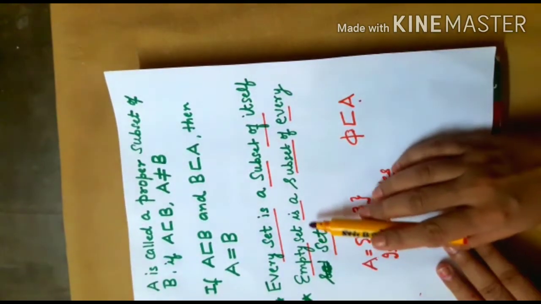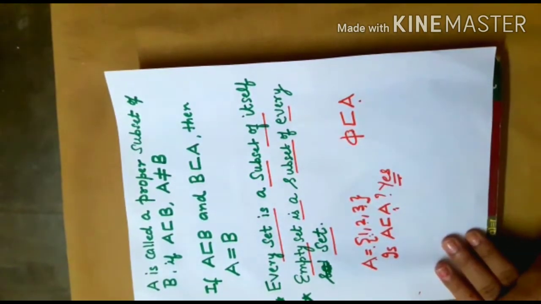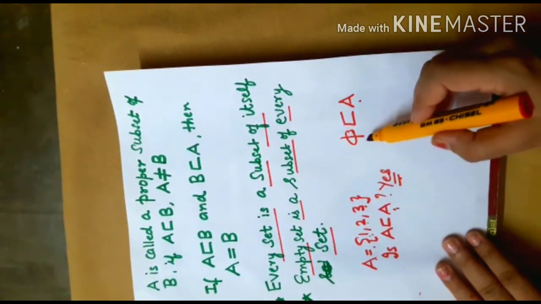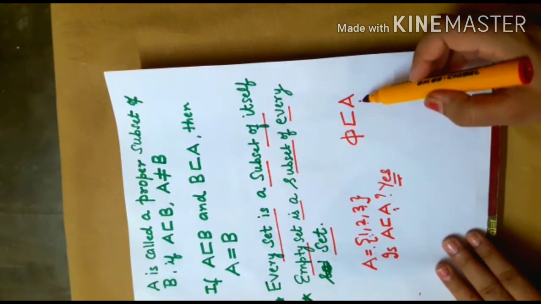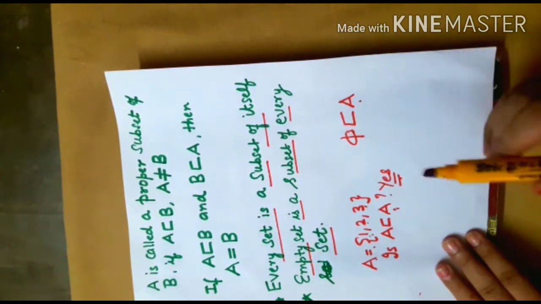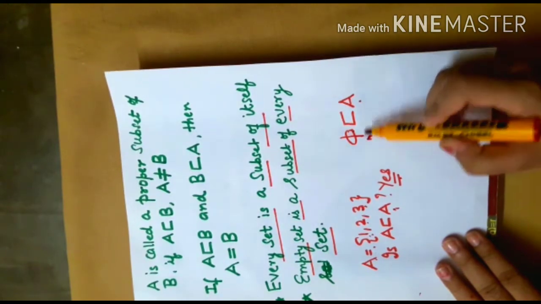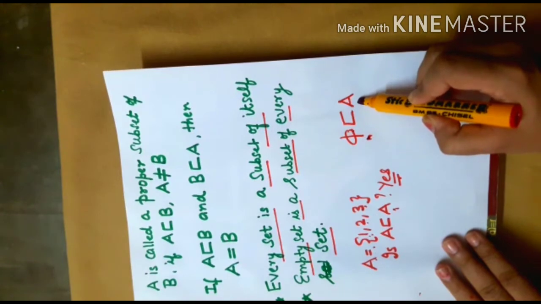That means null set is considered as a subset of every set because if I say that φ is not a subset of A, that means there should exist at least one element in the set φ which is not there in the set A. Can we find any such element?